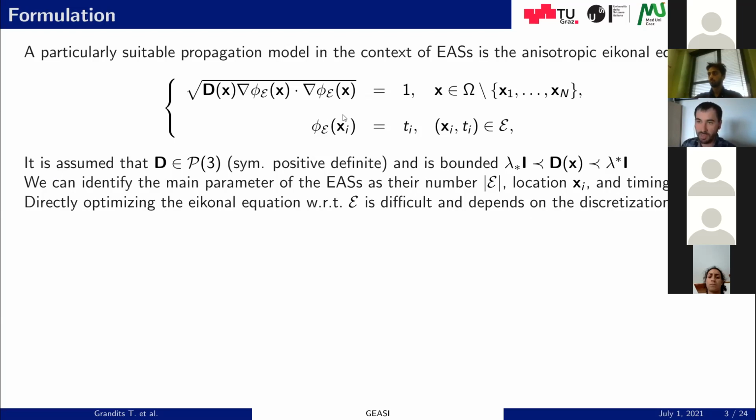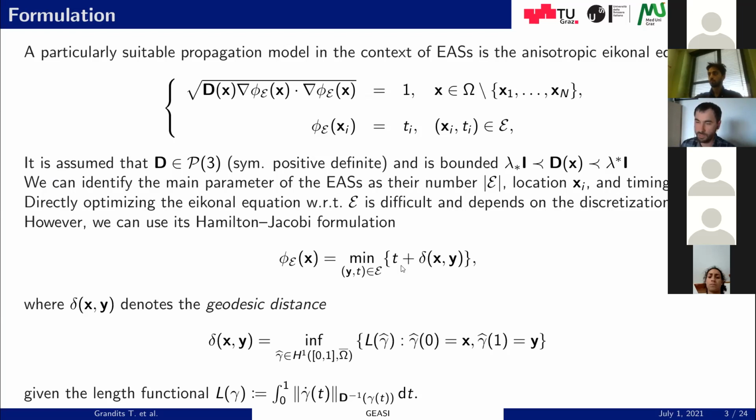Directly optimizing the earliest activation sites from this equation is difficult, so we propose to recast this problem in terms of its Hamilton-Jacobi formulation. In this formulation, you do not solve the PDE above, you instead solve an ODE: each point on the domain has its activation time defined by the time it takes to travel to the earliest activation sites, given by the geodesic distance delta, plus the initial timing at the site.